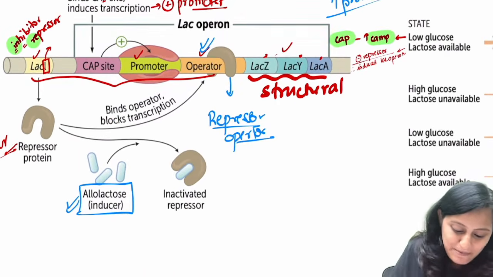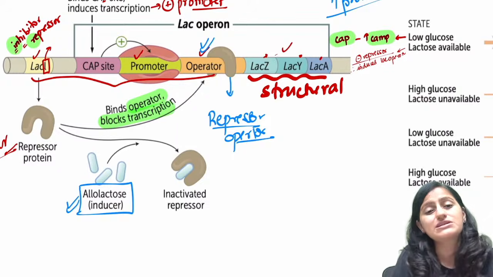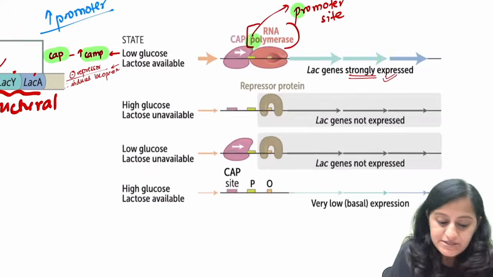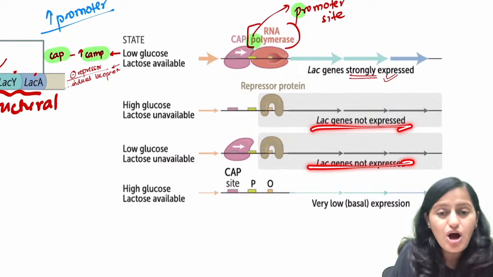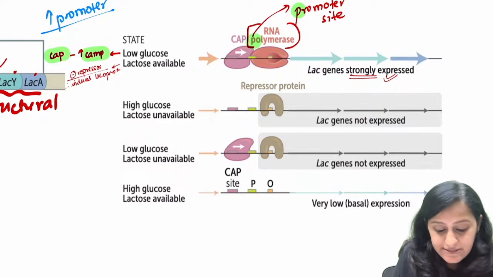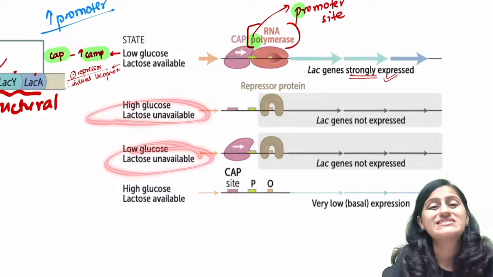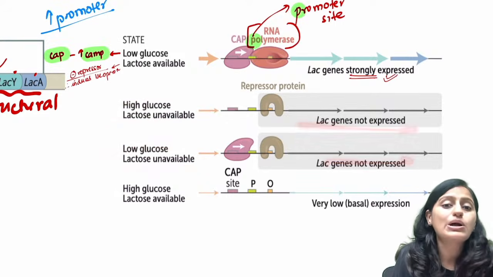Okay, so repressor protein, please remember, it binds the operator and it blocks the transcription. It is inhibited by lactose. So look at this. Lac genes are not expressed when the lactose is not there. So whether the glucose is high or low, if the lactose is not there, the Lac gene will not be expressed.